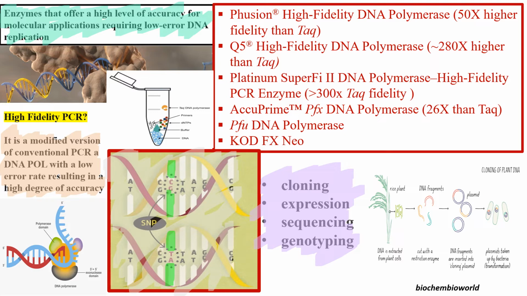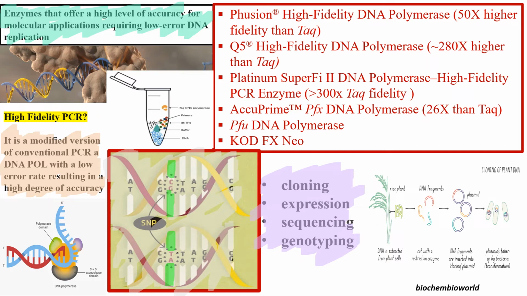Otherwise, when the replication takes place, there will be an alteration of the codon, and an alteration in the formation of the protein. So the specific desired sequence which I want to insert in the vector should be very accurate.